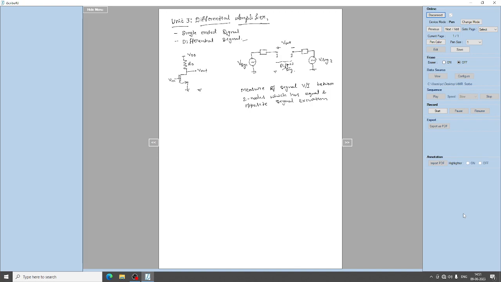So now what are the advantages of using this differential signal or a differential amplifier? Advantage of differential signal. Say for example, in an integrated circuit we have different signals which are connected to different terminals or the different nodes.